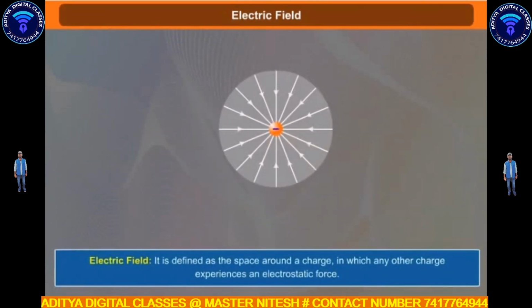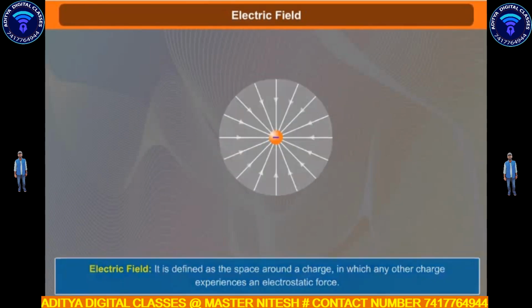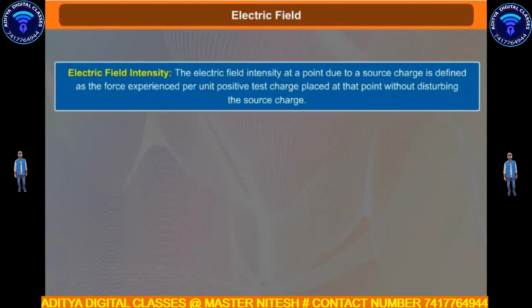Electric field. It is defined as the space around a charge in which any other charge experiences an electrostatic force. Electric field intensity. The electric field intensity at a point due to a source charge is defined as the force experienced per unit positive test charge placed at that point without disturbing the source charge.